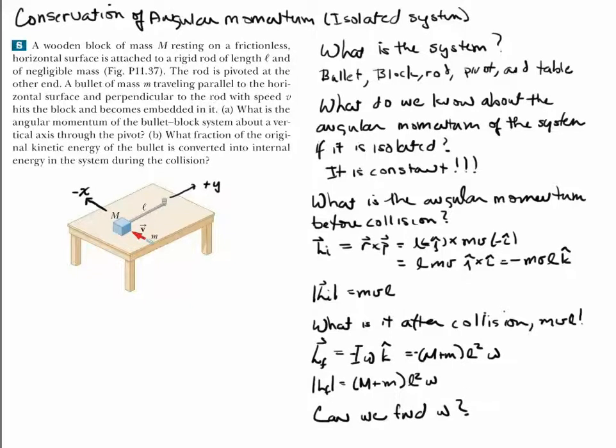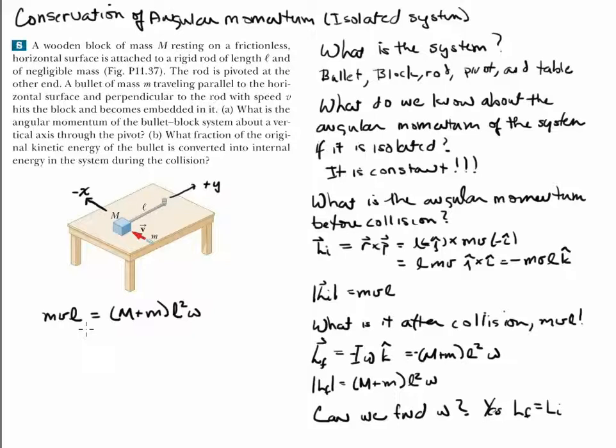So can we find the angular velocity? Yes, because we know the angular momentum final must equal the angular momentum initial. Once again, it's isolated and the angular momentum is constant. So we now equate the original angular momentum, mvL, to the final angular momentum, M plus little m quantity, L squared omega.